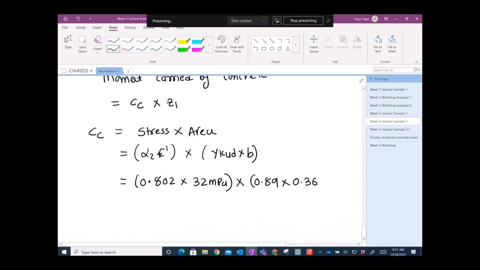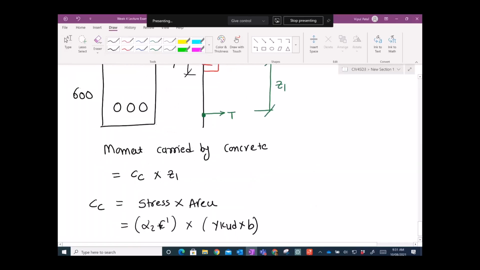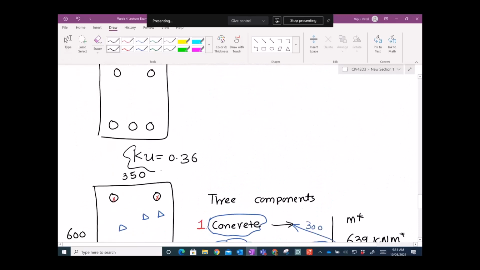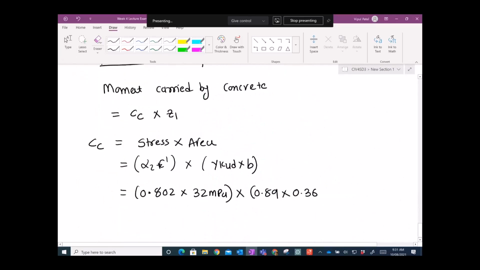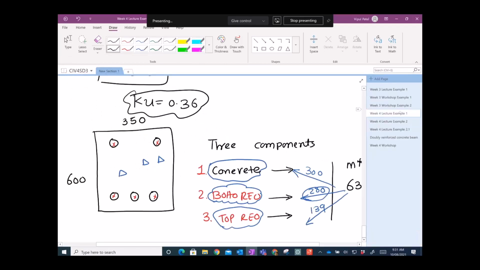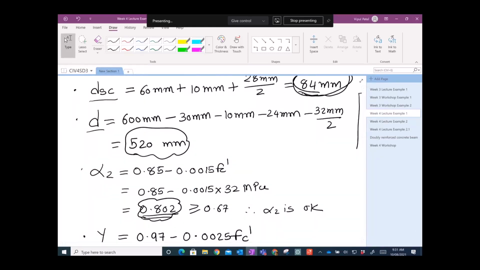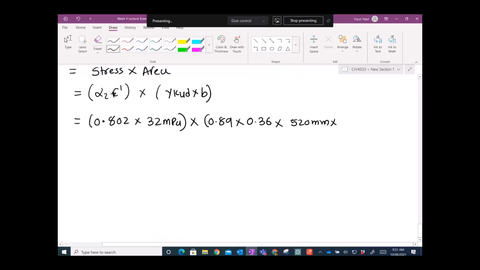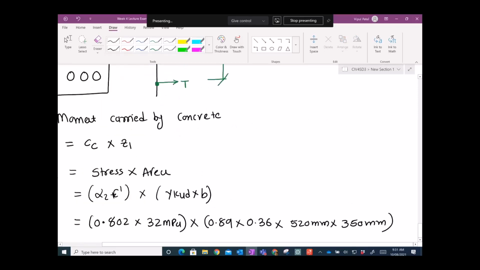Ku was 0.36, that we made an assumption for because that's what we wanted, right? d is 520 millimeters, that we calculated, and b is 350 millimeters, given in the examples.